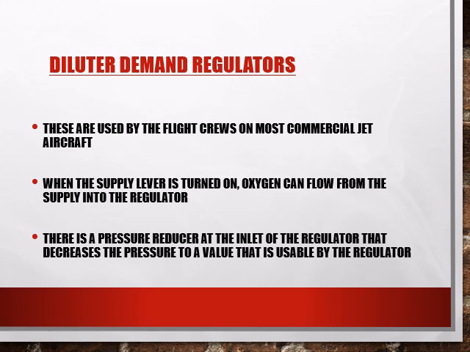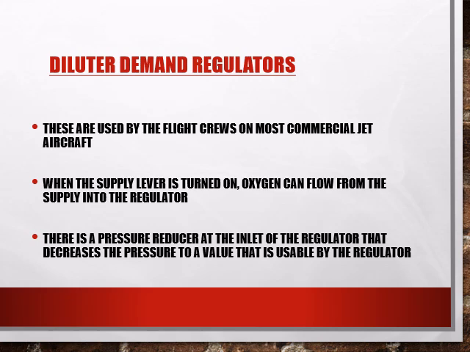The system then automatically mixes cabin air with oxygen to maintain a safe oxygen saturation. Unlike a continuous flow system, the diluter demand mask doesn't constantly pump oxygen. Instead, it only supplies oxygen as you breathe. Since it automatically mixes oxygen and air only as you inhale, a diluter demand system generally lasts longer than continuous flow.